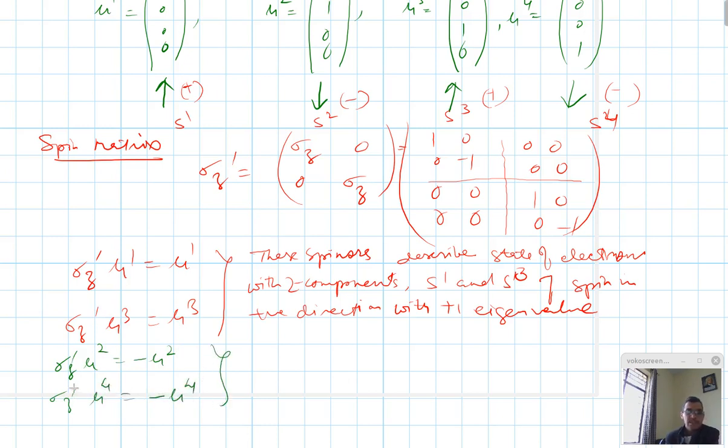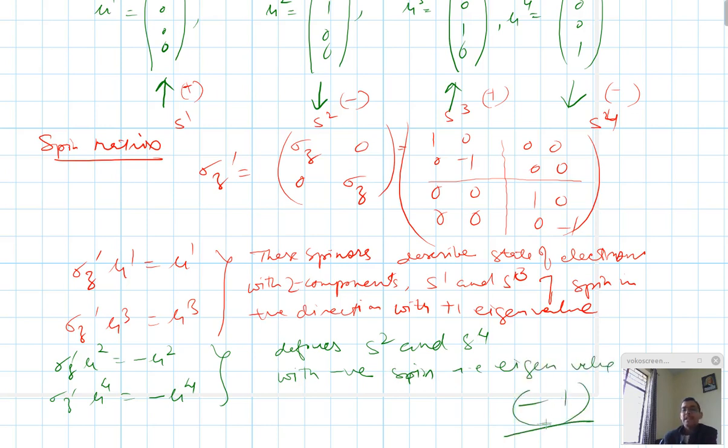So thus, if we operate this with this, we are getting a negative eigenvalue, means it defines S2 and S4 with negative spin, that is with eigenvalue minus 1, right?